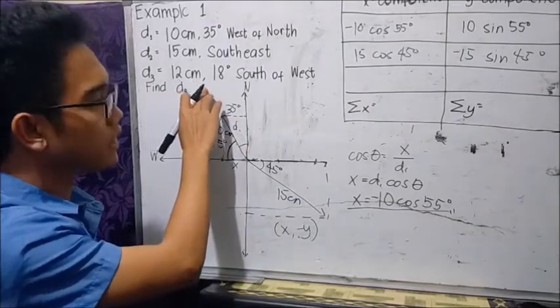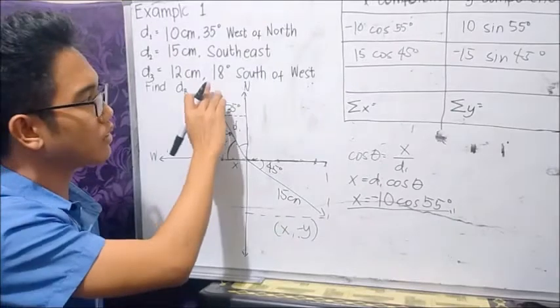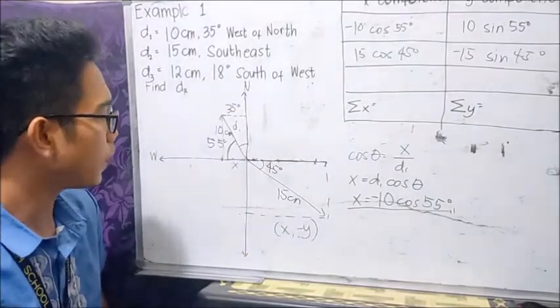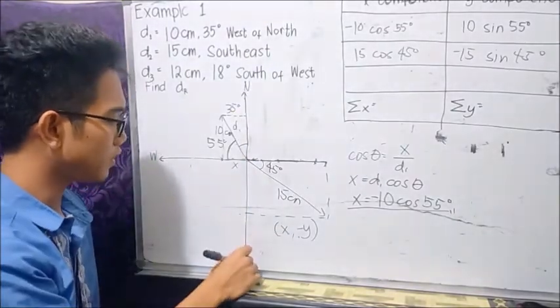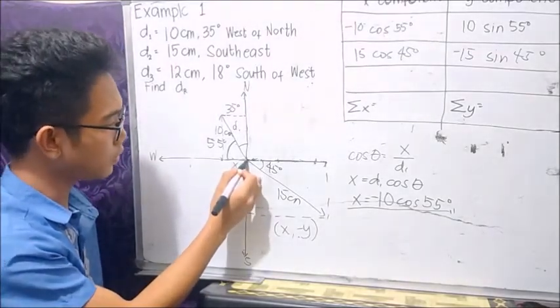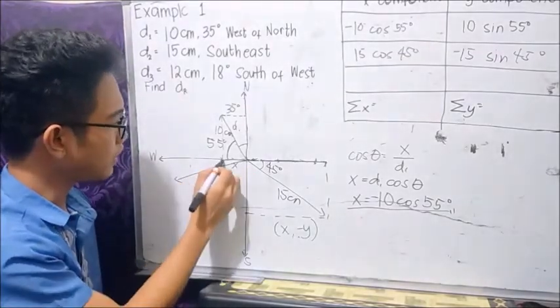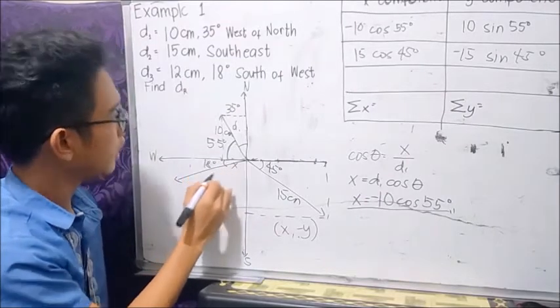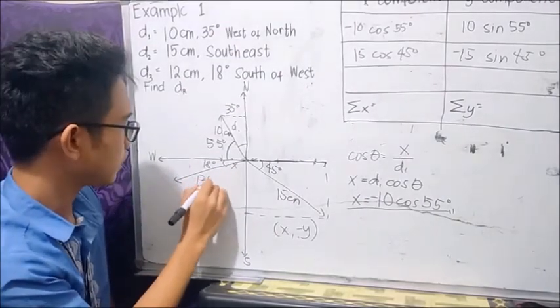The magnitude of displacement 3 is 12 centimeters, 18 degrees south of west. This is your south and this is your west, so this angle is 18 degrees and this is 12 centimeters.